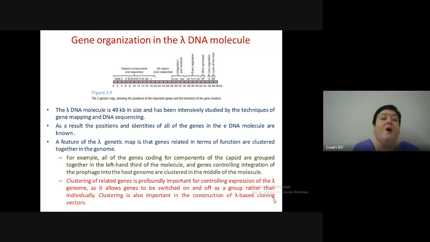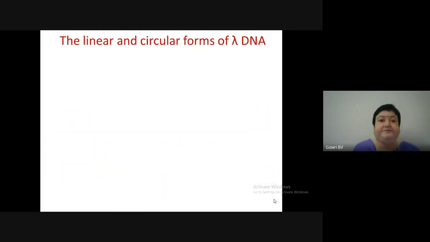For example, all of the genes coding for components of the capsid are grouped together in the left-hand third of the molecule, and the genes controlling integration of the prophage into the host genome are clustered in the middle of the molecule. Clustering of related genes is profoundly important for controlling expression of the lambda genome, as it allows genes to be switched on and off as a group rather than individually. Clustering is important in the construction of lambda-based cloning vectors.